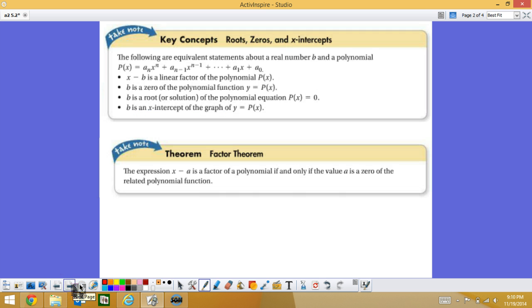And finally, I don't like, and the other teachers don't like, the wording of the second one. So instead of just b, we are actually going to change that to a coordinate: (b, 0) are x-intercepts of the graph of that.